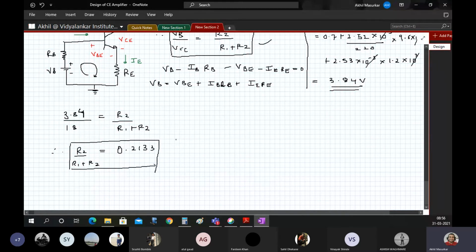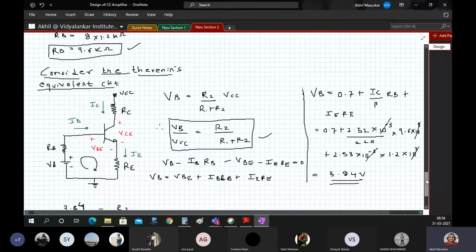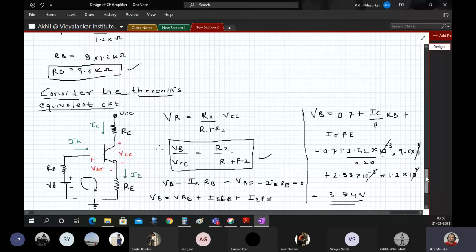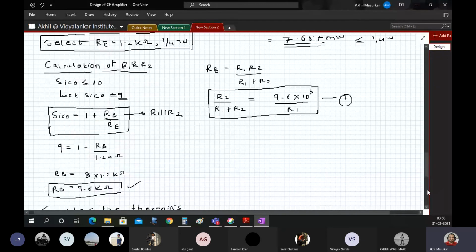So this was our one equation, and we also knew that R2 upon R1 plus R2 is equal to 9.6 into 10 raised to 3 upon R1.